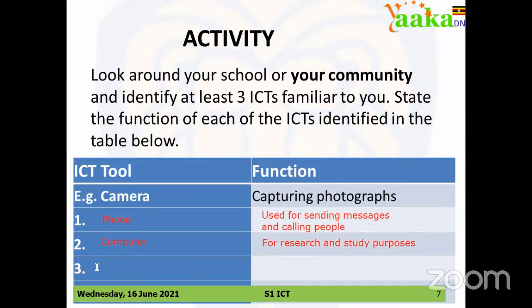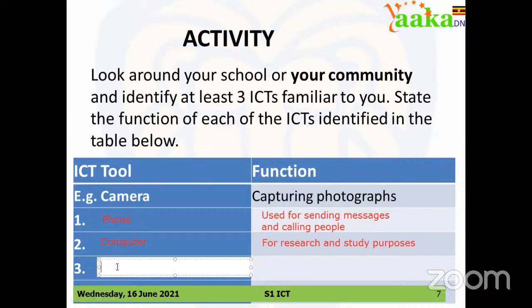Daniel, identify an ICT tool and its use. Yes, Lisa, you can speak, your hand is up. Yes, teacher.